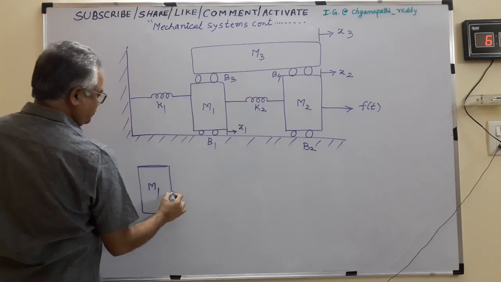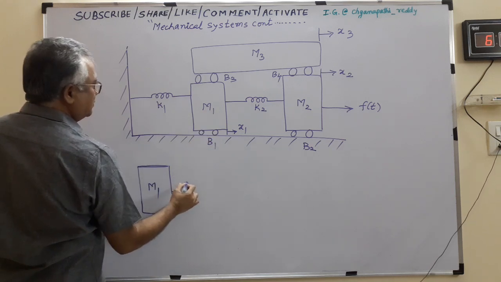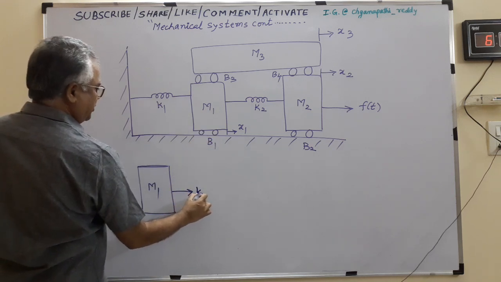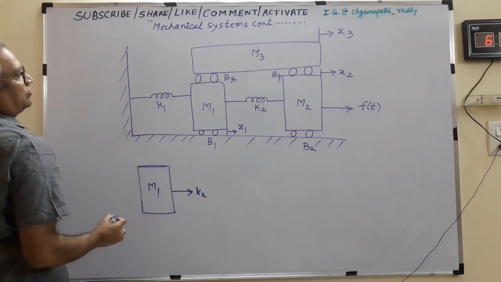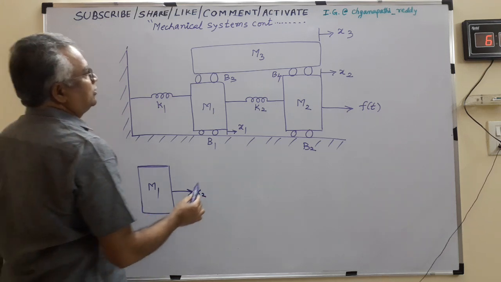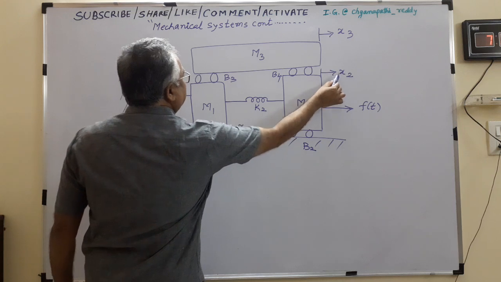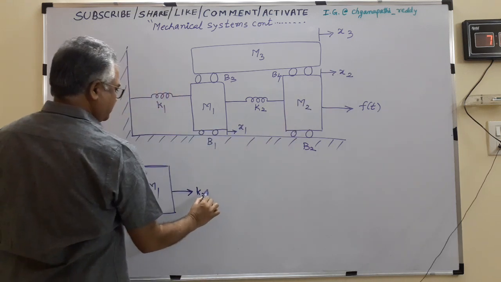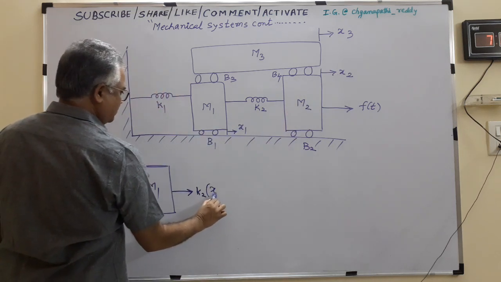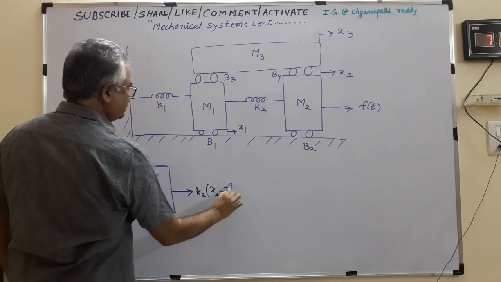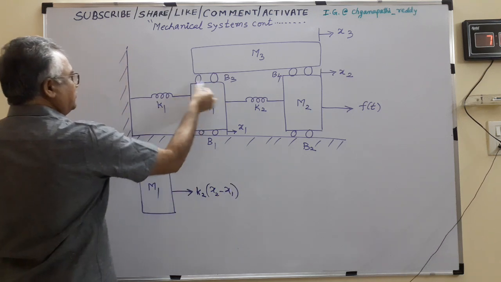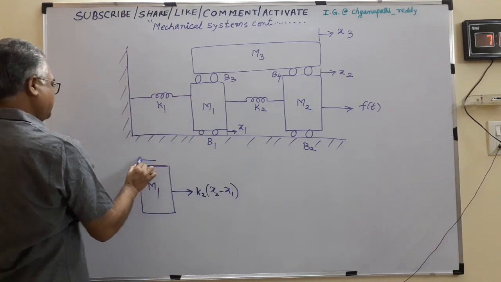So what is the force here? K2, this displacement x2, this displacement x1. So K2, x2 minus x1. What is opposite here?